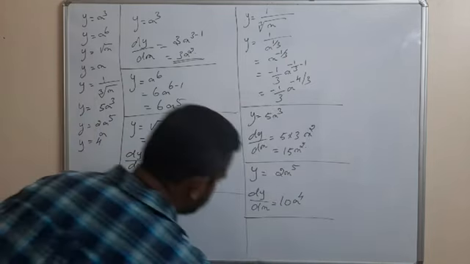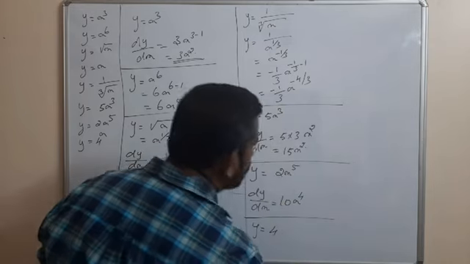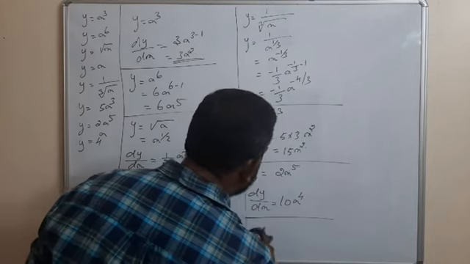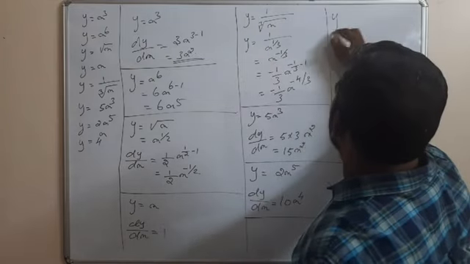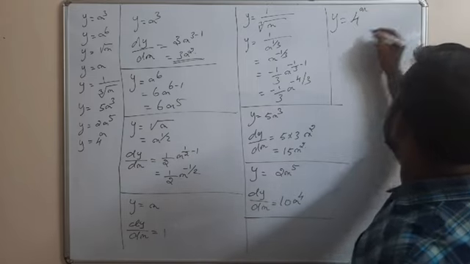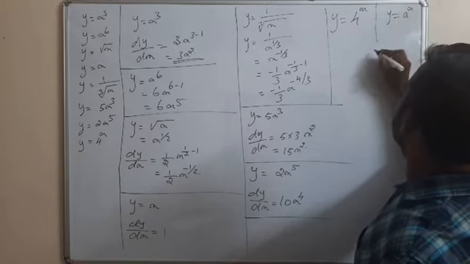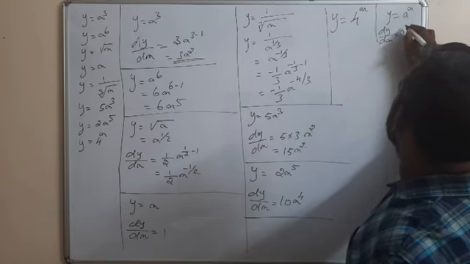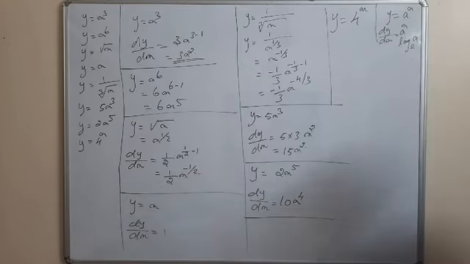y is equal to 4 power x. This is of the form y is equal to a power x. Formula: dy by dx equal to a power x into log a to the base e.